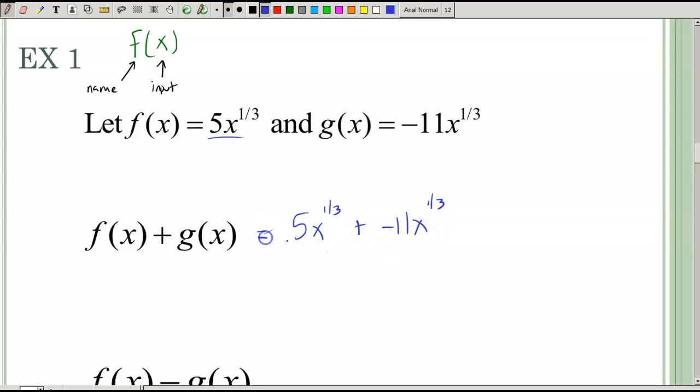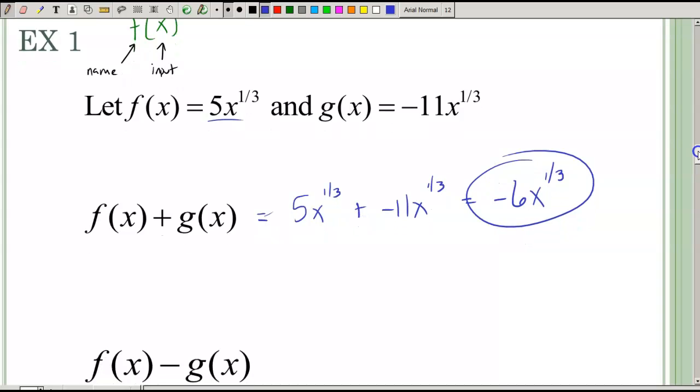Then we look at this expression and try to simplify it. Since we have like terms, we can go ahead and add them. So we have negative 6x to the 1/3. And so that's f of x plus g of x.